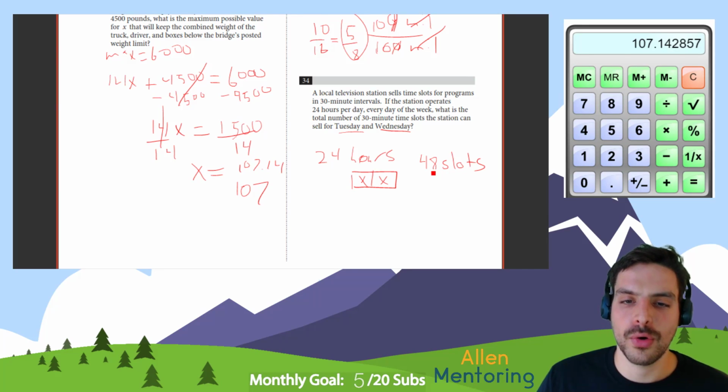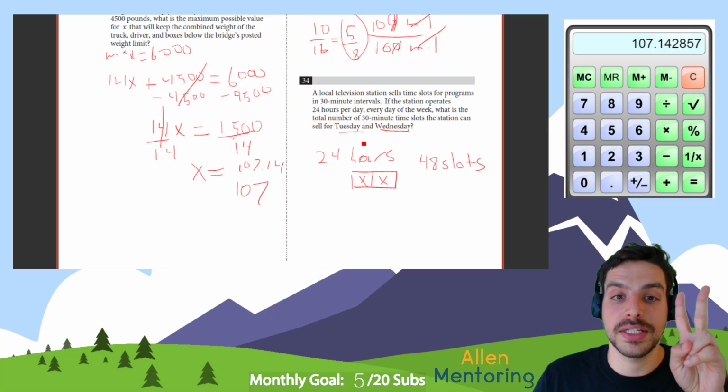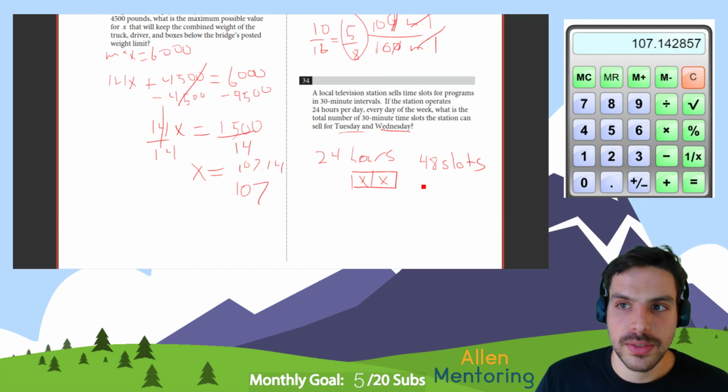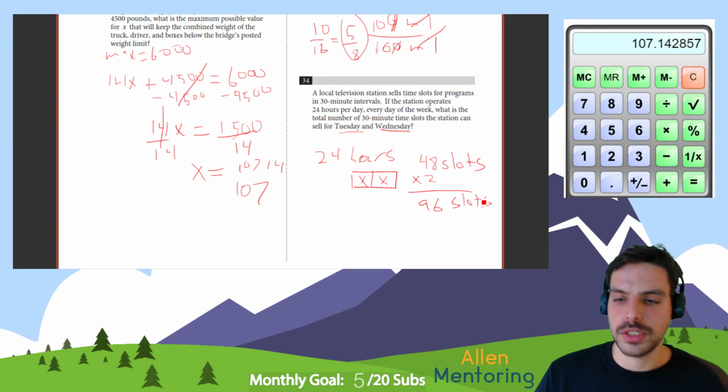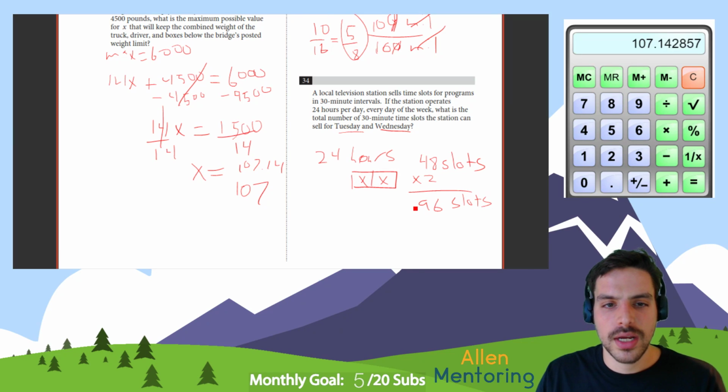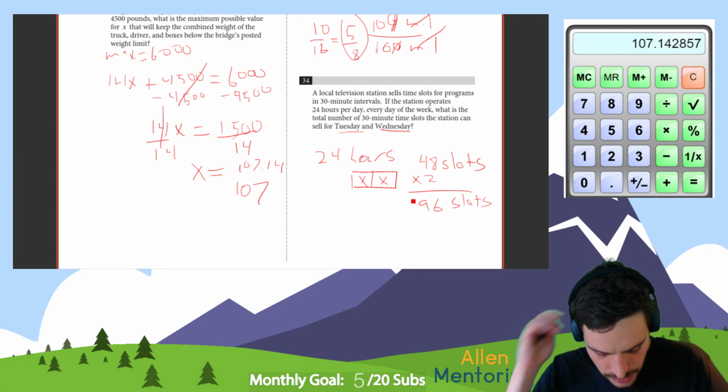So it's 48 total slots per day, but we want to do 2 days, Tuesday and Wednesday. So in that case, we're going to multiply by 2. And so it's 96 slots in total. All right, so 96 is our answer.